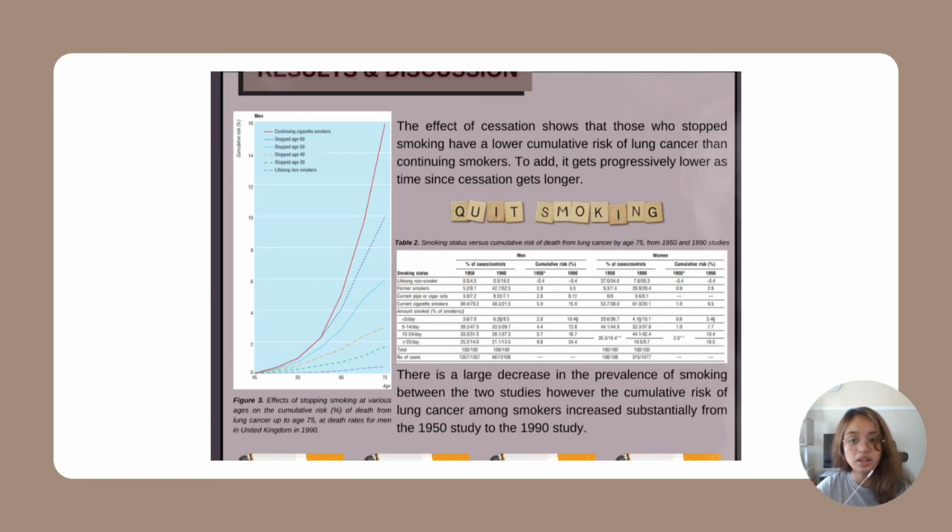As lung cancer mainly occurs above the age of 55, the increase in the cumulative risk is mainly because current smokers, aged 55 to 74 in 1950, were less likely to have smoked a substantial number of cigarettes throughout adult life than current smokers in 1990.